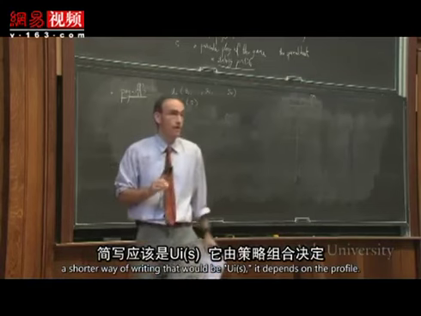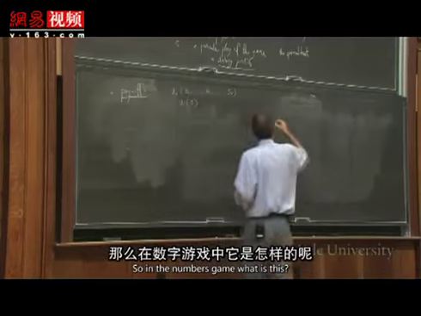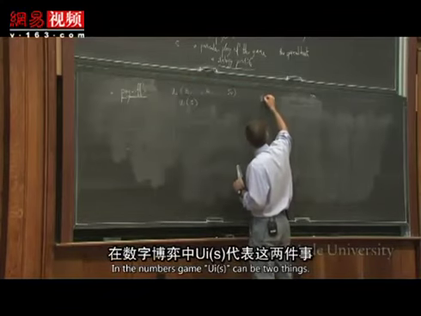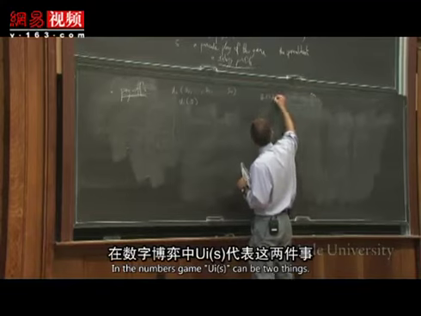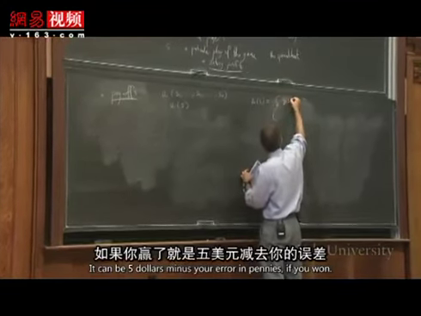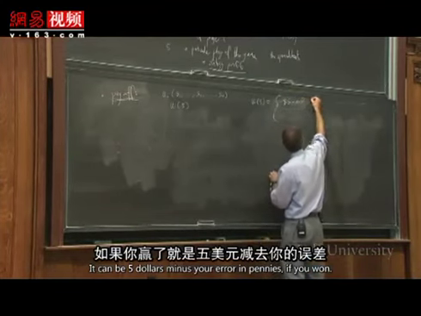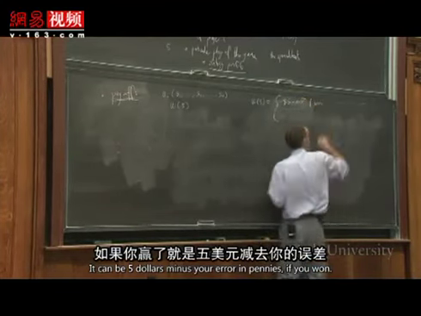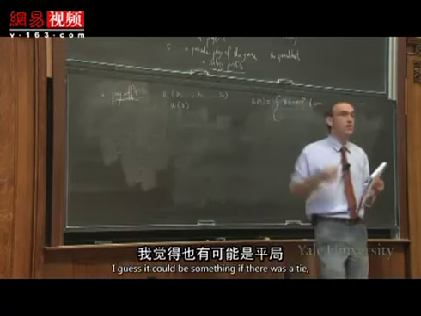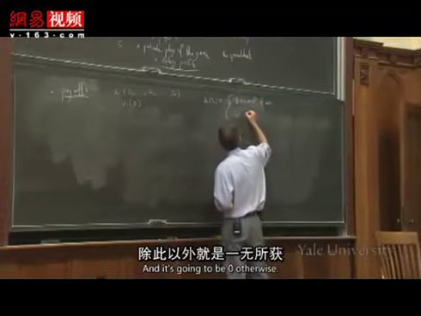It depends on the profile. So in the numbers game, u_i(s) can be two things. It can be $5 minus your error in pennies if you won. I guess it can be something if it was a tie. I won't bother writing that now. And it's going to be 0 otherwise.